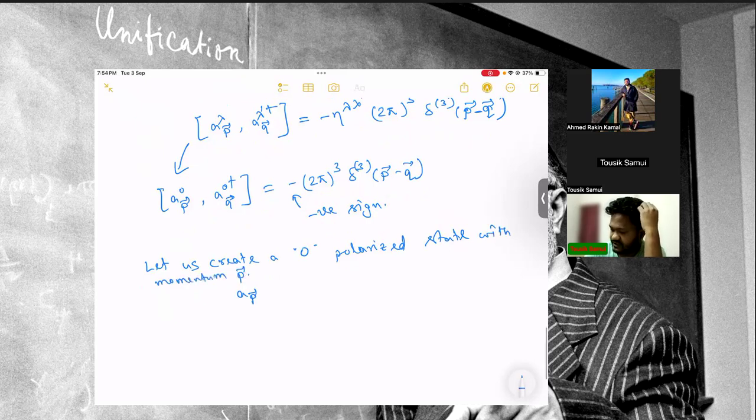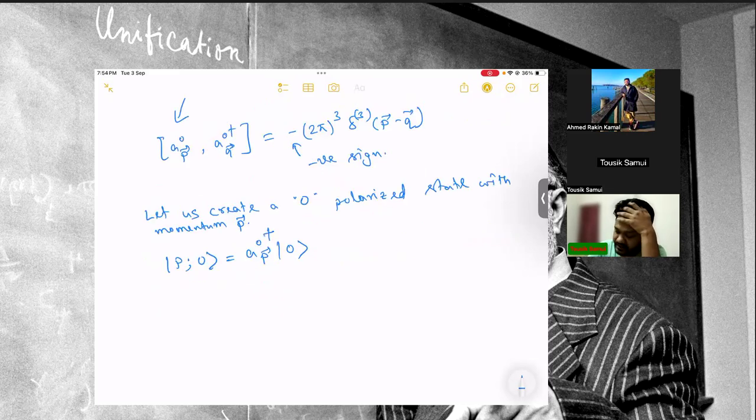Then we can actually create this state with a0 dagger p. So let the state be p and the polarization is lambda.